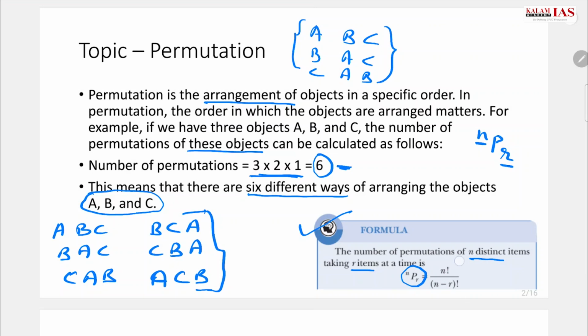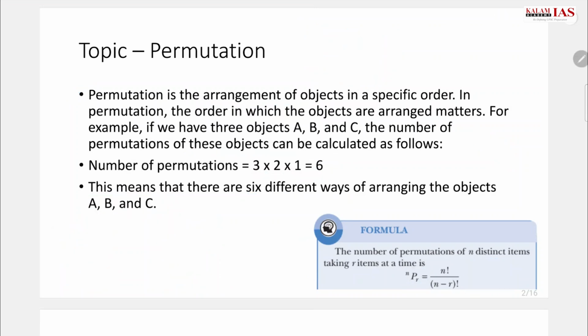What is this factorial? We'll see in the coming slide. I hope what is permutation is clear, and how we calculate is also clear. Application of the formula we'll see in the next few slides, which will help you in solving questions and also understanding the formula more clearly.